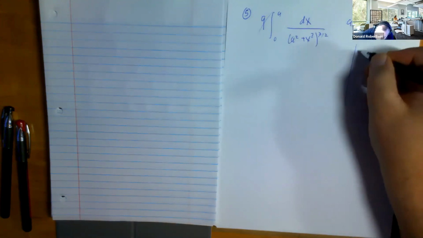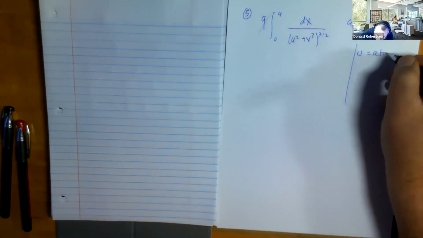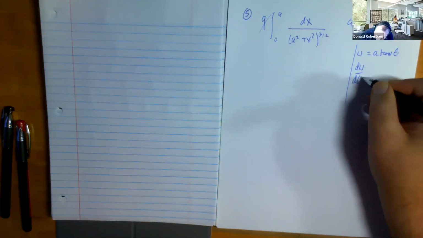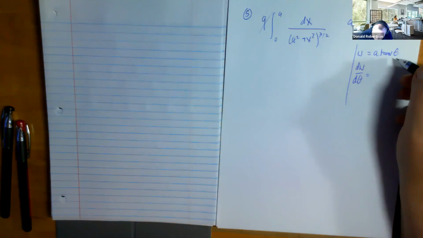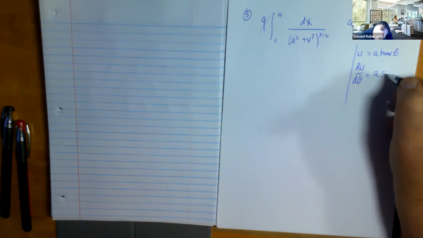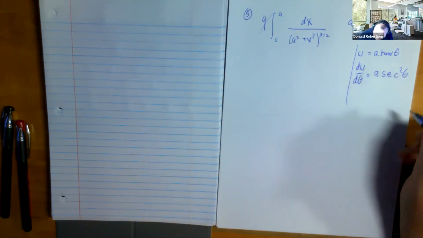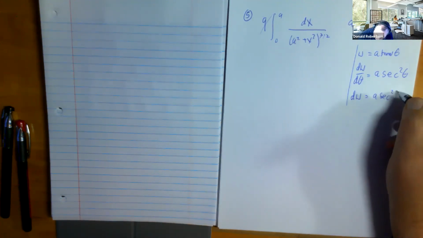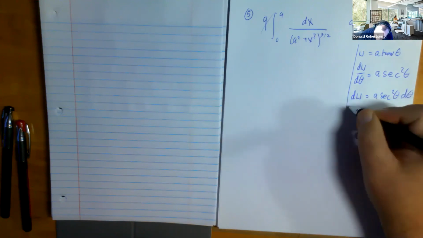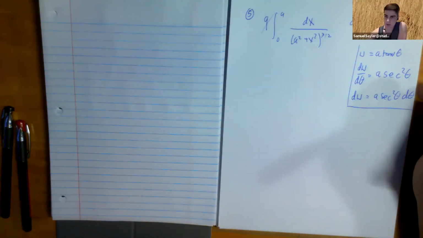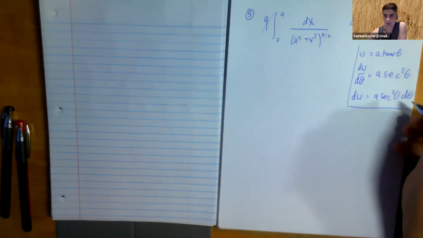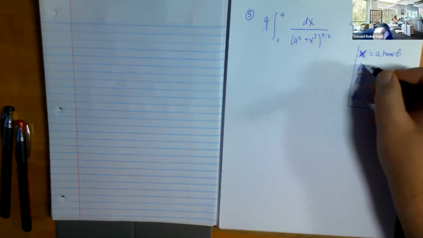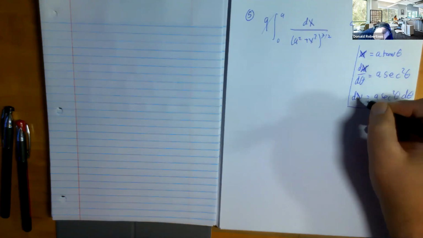Right, so what was the u sub going to be? A tan theta, agreed? Yes. When you differentiate that with respect to theta, a tangent gets you a secant squared, so A tangent gets you A secant squared theta. That gives you du is A secant squared theta d theta. You agree with that? Yes. Do you mean dx? Dx. Yes.